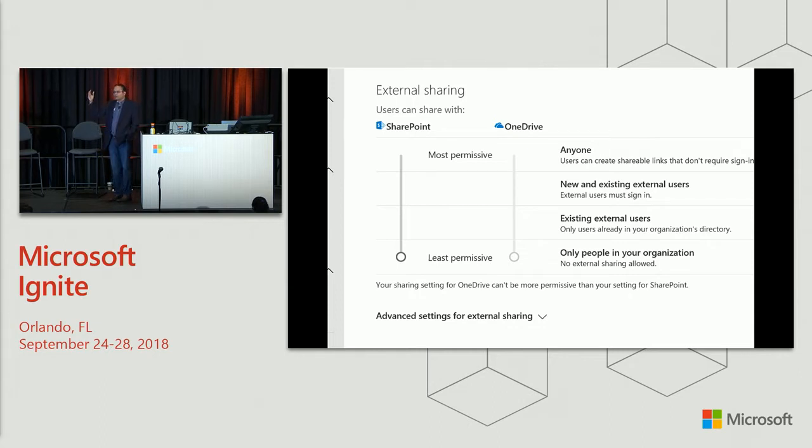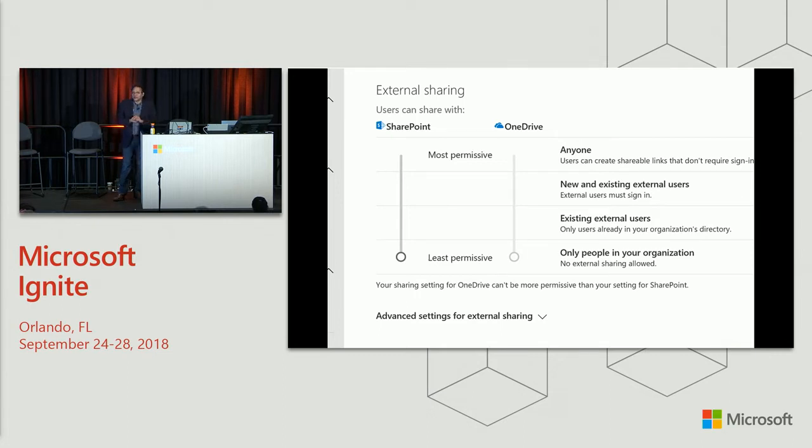In Europe, you may want to completely turn off external sharing, whereas in the US and other places, you might be okay doing it. In fact, you may have specific partners in Europe that you just want to open up only for them, whereas in the US, you may have different external partners that you want to open up to. So you can have geo-specific sharing controls and policies even within this multi-geo tenant itself.